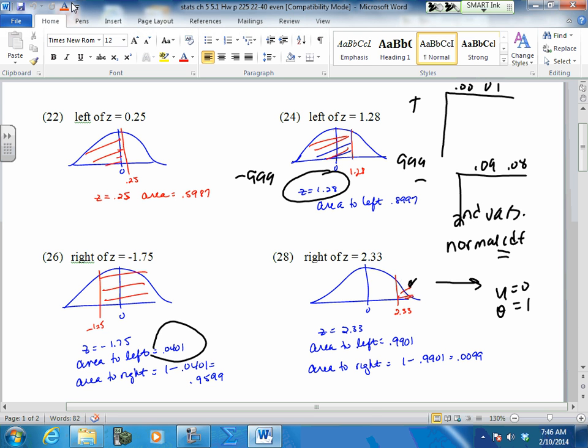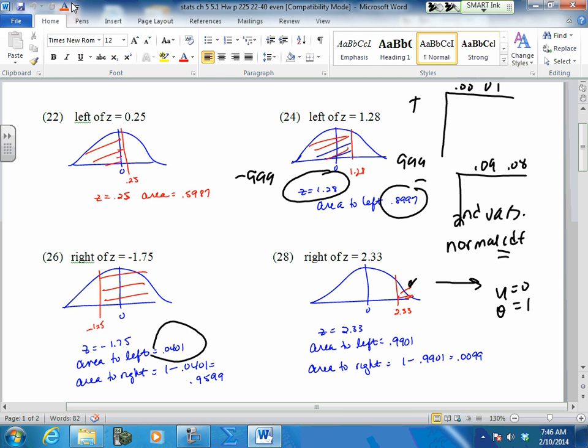You could use negative 9 to positive 9. It would be the same thing. But when we do this with S values, we always use negative 999, positive 999. So come down to normal CDF, put your negative 999 in, come to your z-score 1.28, leave your 0 and 1, and paste. And you will get this answer.